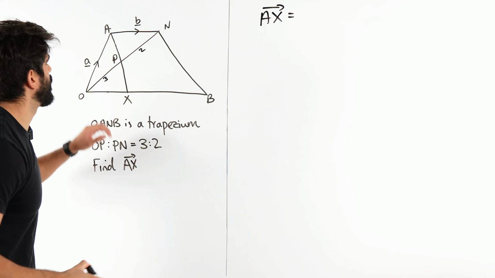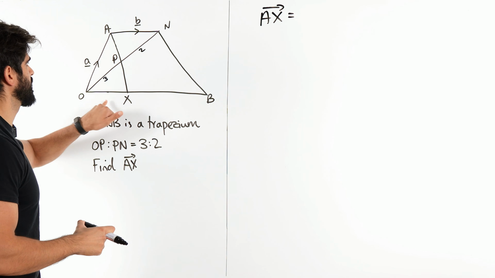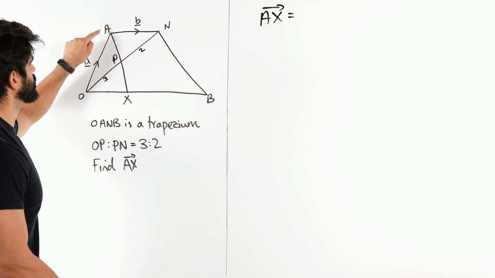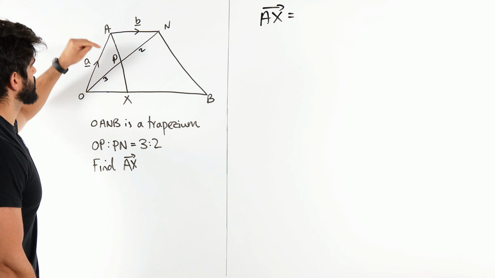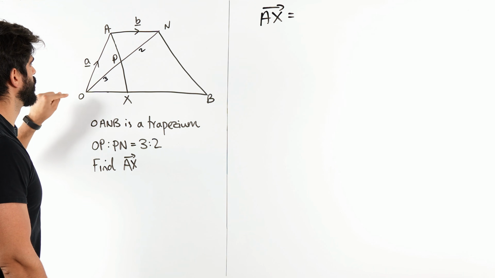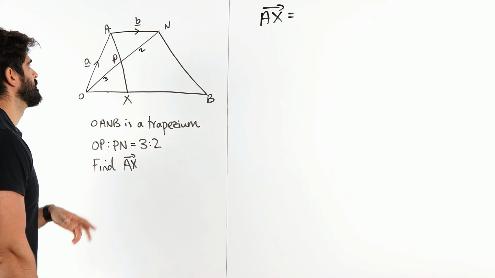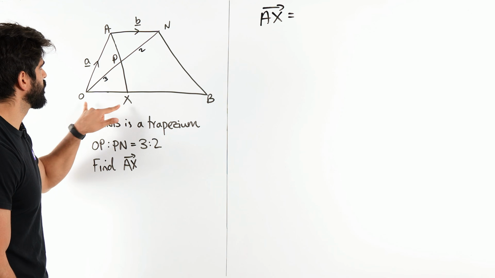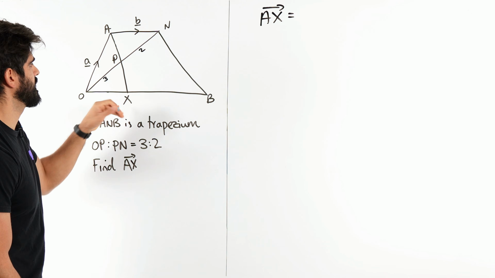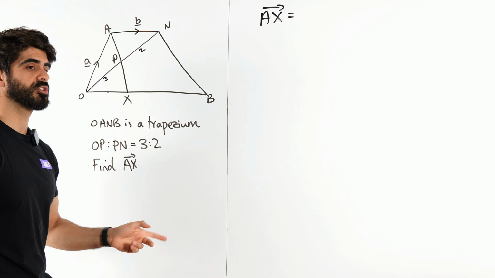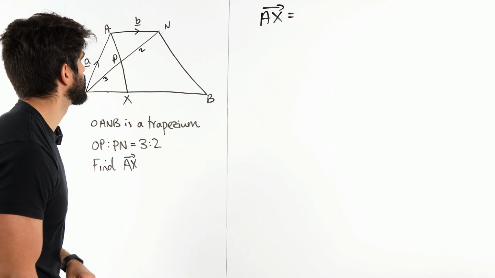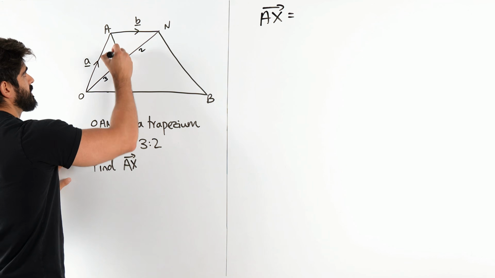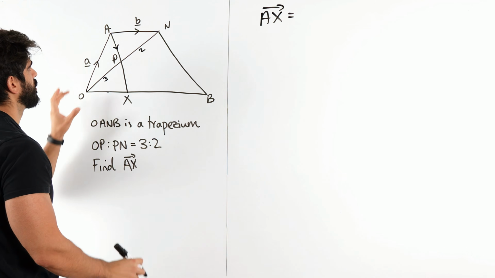Well, there's no direct pathway from A to X because I don't have OX. I could just say AX, I could go AO, OX, but then the problem is, how am I going to find OX? To go from O to X, I'm probably going to go OA and then AX anyway. So I'm going to do the strategy I did in that other video, where I say AX is some extension of AP.